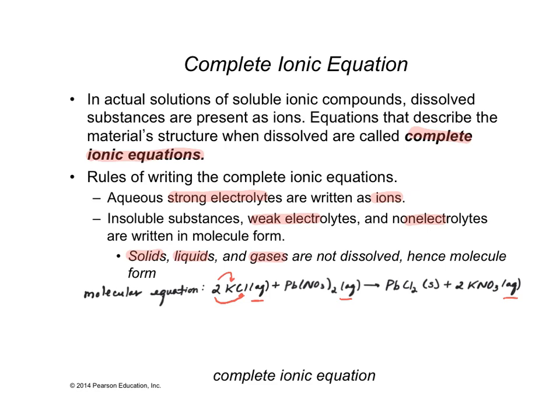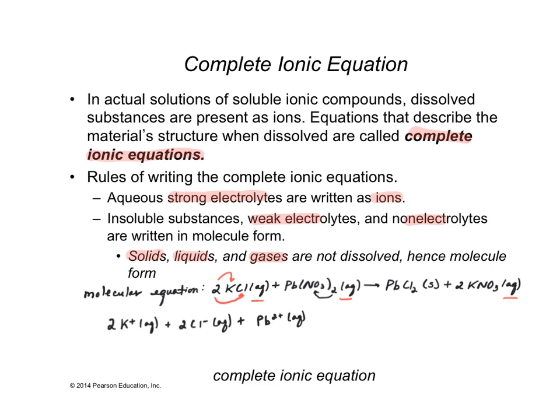So for the complete ionic equation for this, we would write 2K+ aqueous plus 2Cl- aqueous. So that's the first one. We just dissociate it into its ions, plus Pb2+ aqueous.